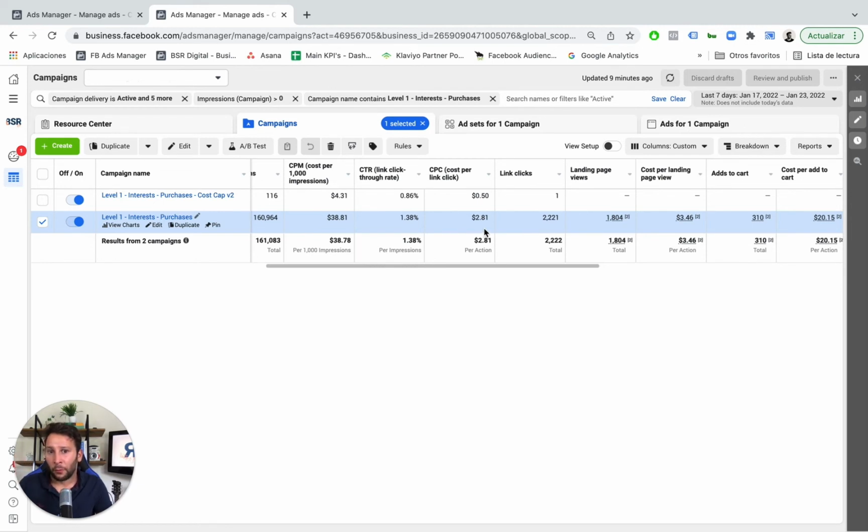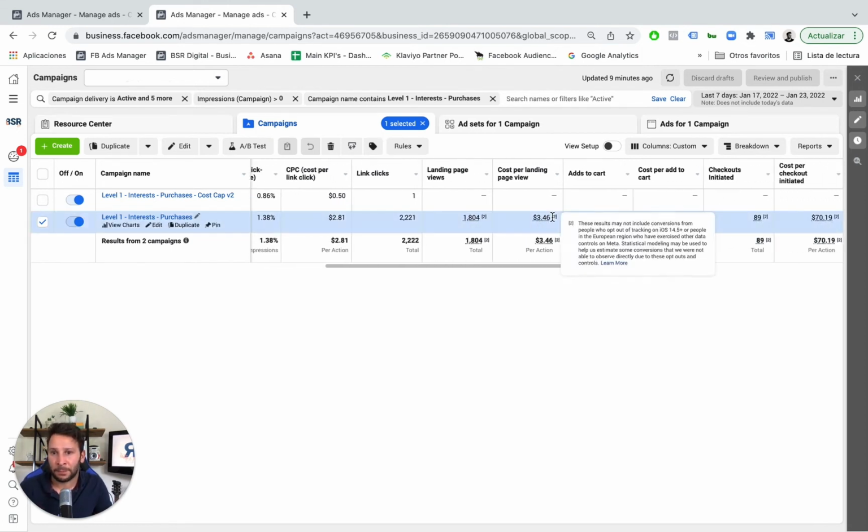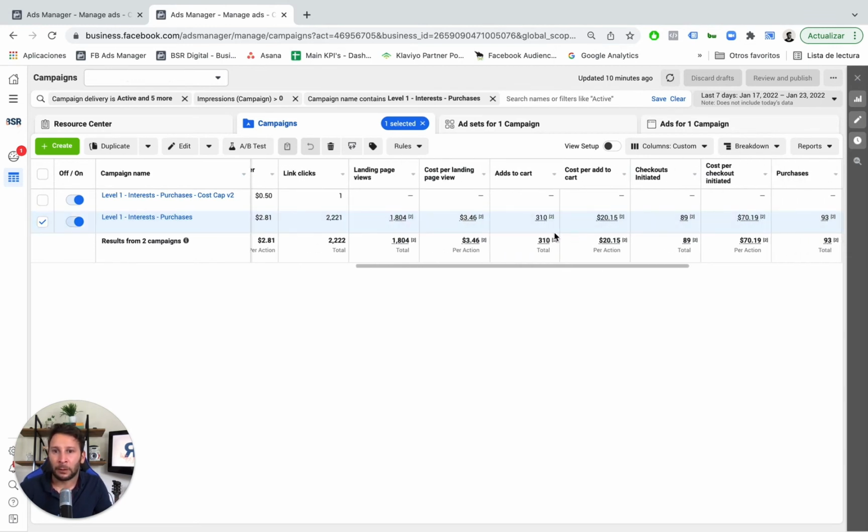So for the same amount of money, instead of getting 3 visitors or 2 visitors, we get less, right? So we are going to see that we are getting less people on the landing page. But that's not all. How many people added products to cart from those who are landing on the website?